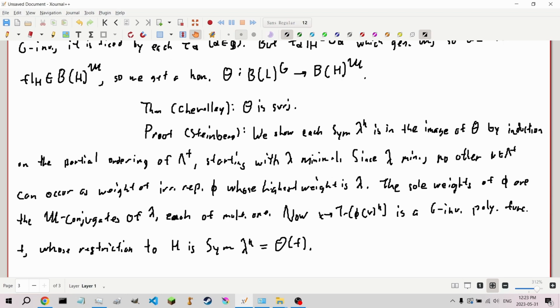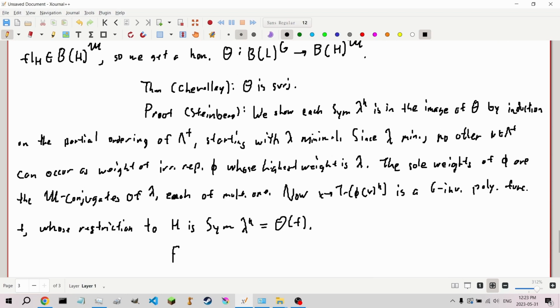For the induction, we're going to fix a lambda in lambda plus, k in Z plus.